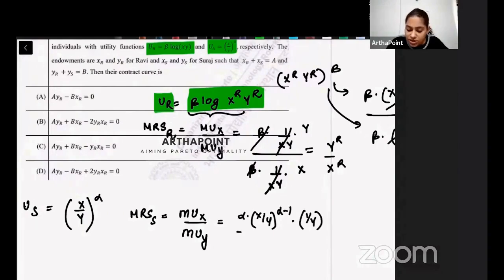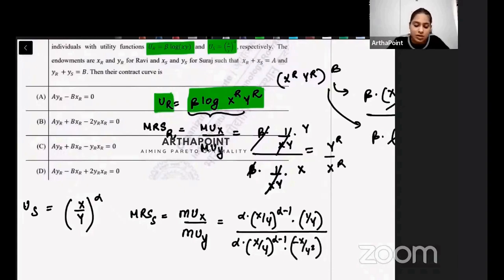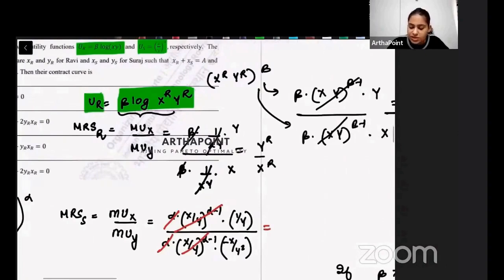And when you differentiate this with respect to y, what will you get? Alpha x by y to the power alpha minus 1. Y is coming in the denominator. So y का differentiation होगा minus 1 by y square. So it will be minus x by y square. This will get cancelled, cancelled, cancelled, cancelled. So you will get 1 by y into y square by minus x. So you will get minus y by x.